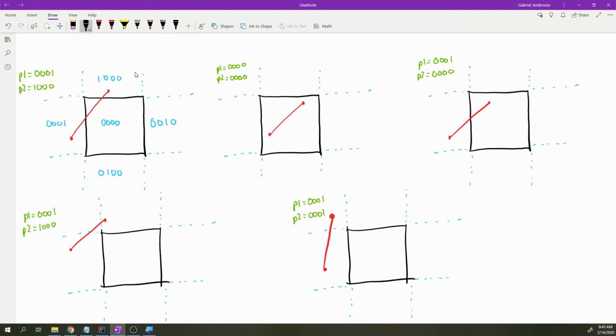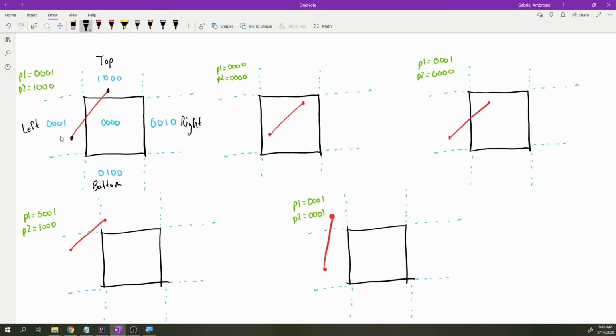Then next what you do is you could also in your code assign top, this is right, which is what I did, this is bottom, and this is left. Then what you do is you assign each point by ORing together all of the different regions it's in. So, actually no, I'm sorry, I did left to right, so P1 is always the left point.